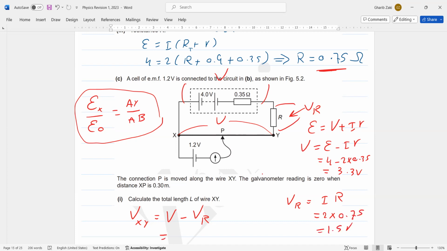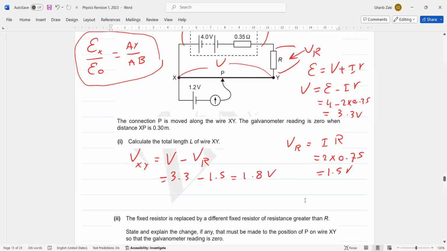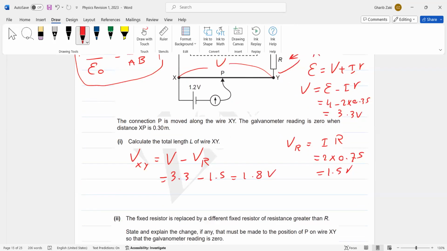Now, V around XY is the terminal voltage, which is 3.3, minus V across R, which is 1.5, which is 1.8 volt.